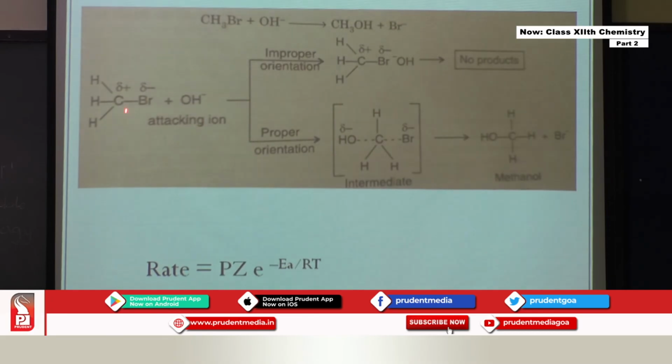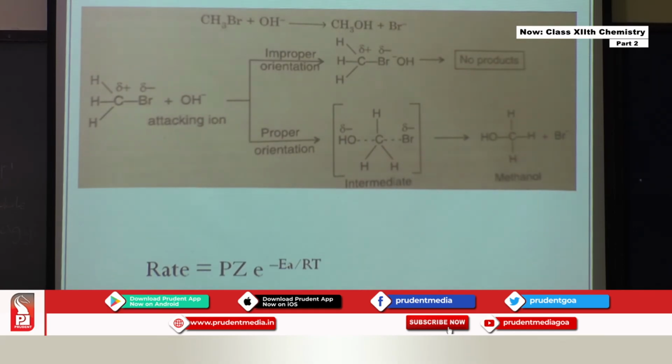In SN2 mechanism we find that this is the alkyl halide, wherein you have bromine which acts as the leaving group. OH minus is the nucleophile which is supposed to attack the carbon atom and lead to the loss of bromine, so that the final product that we get is an alcohol. So, it is just replacement of bromine with OH, this is the reaction.